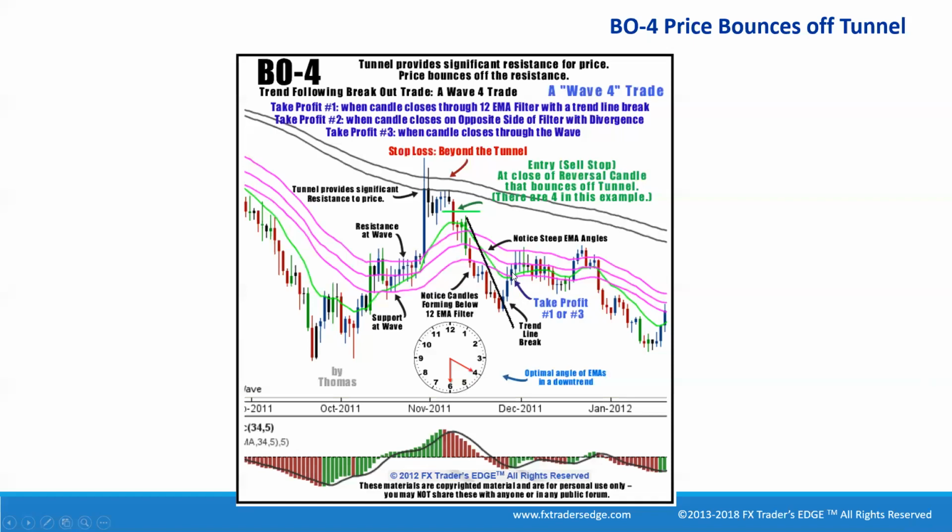But what actually happens here, that's a good profit taking level, because then price comes back up and it comes down again. So if you use the 3 profiteers, then you can potentially hold this a little bit longer. If you're a swing trader. If you're a day trader or a momentum trader, you're most certainly going to be getting out on a trend line break and a break of the filter.